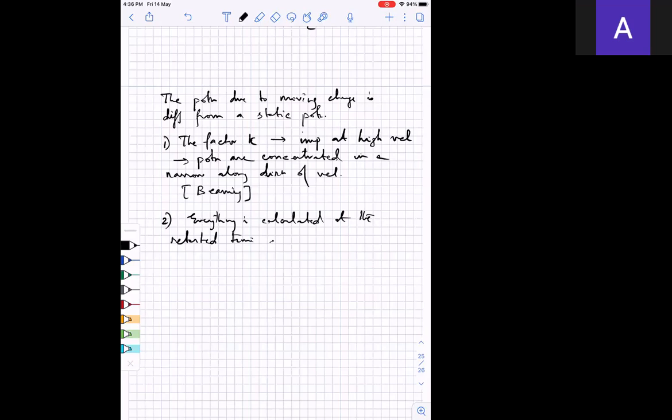Because it is calculated at the retarded time, it makes it possible for the particle to radiate. So let me explain what I mean. This makes radiation from the particle possible.